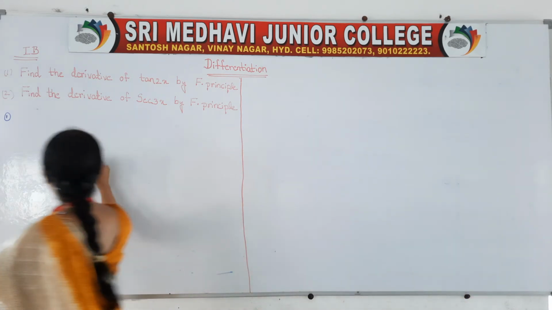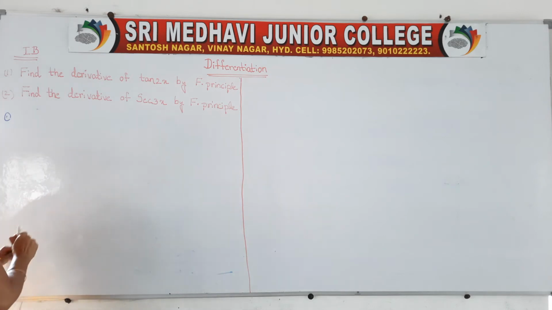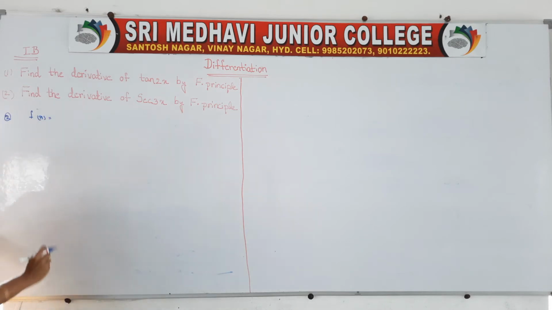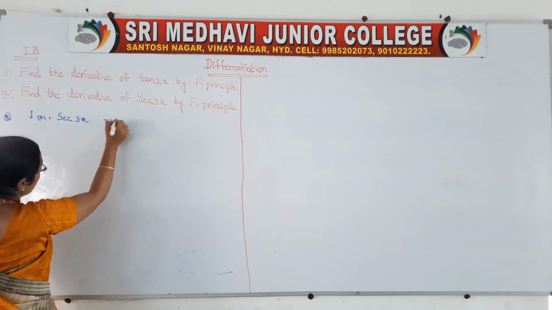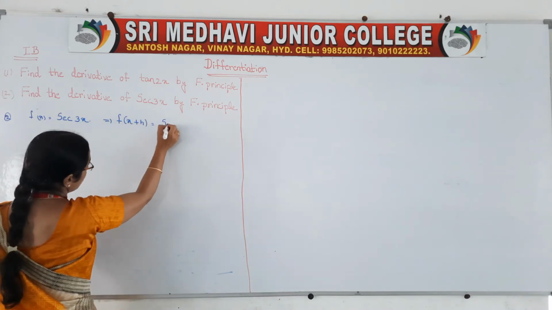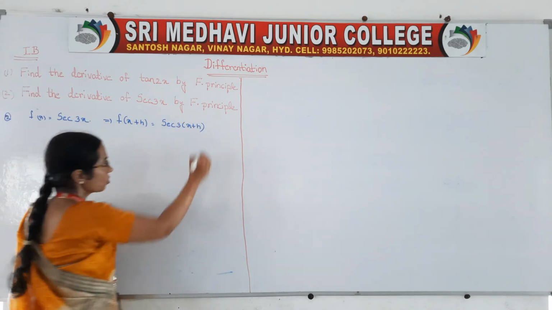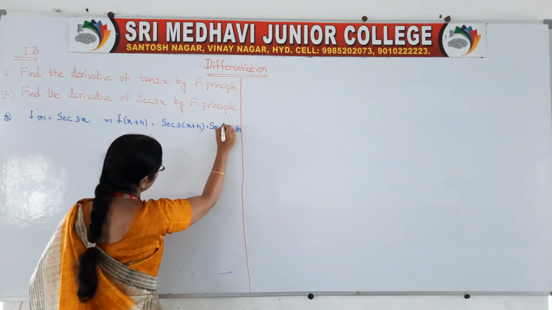So now you take your second one, right? Second question: f of x is equal to, what is your f of x? It is given as secant 3x. Okay, so then you take f of x plus h. F of x plus h is equal to secant 3 into x plus h. Okay, so we can write this as secant 3x plus 3h.